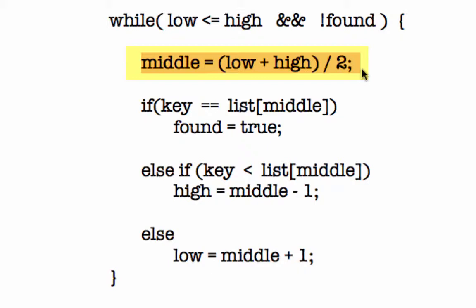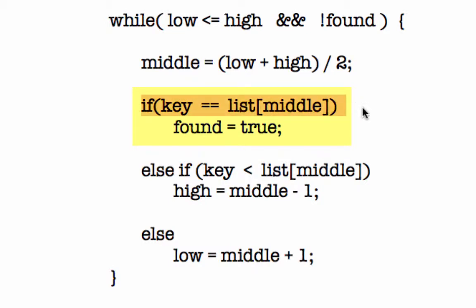The next step is to take a look at the value located at this index and see if that matches my key. If that matches my key, then I have a success, right? I have a match. So I'm going to compare key with the middle. Now notice that here I'm using the equal operator because my collection was defined as a collection of integers.